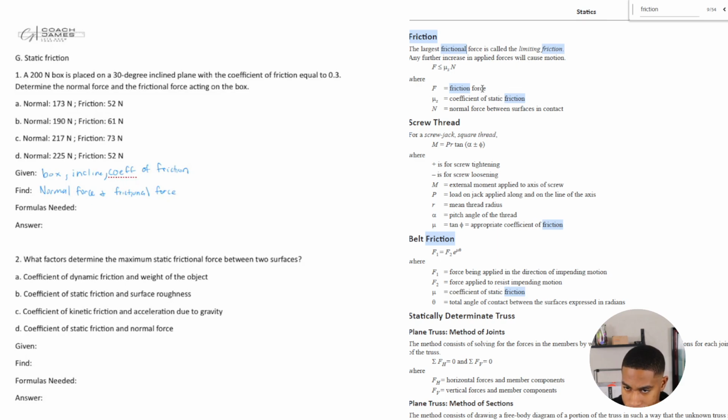So F is frictional force. Are we given the coefficient of static friction? Yes, 0.3. So we have that. We're trying to find normal force and the frictional force. So maybe drawing will help us in this situation. Drawing this out.